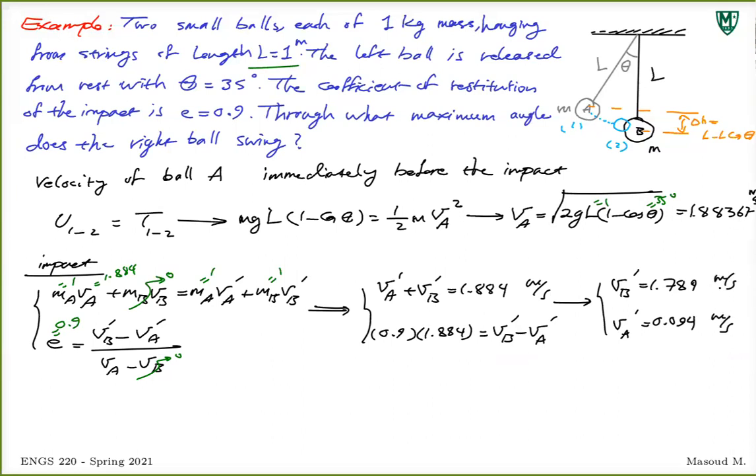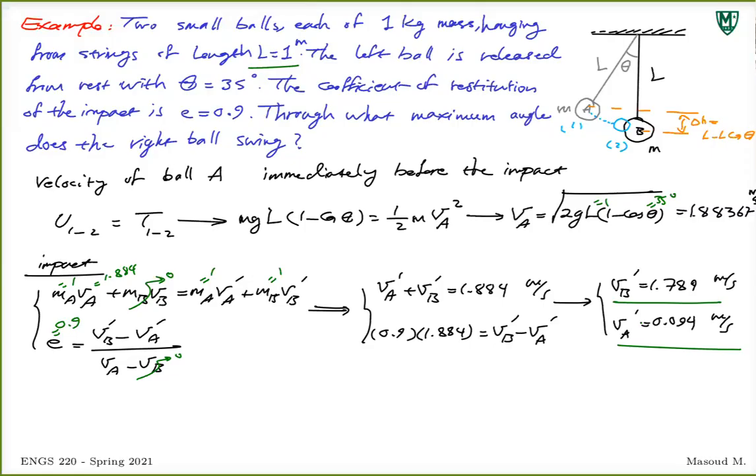So although they hit each other, A still continues going to the right. The impact is not in a way that pushes A back to the left. A continues because both of them are positive, right? Velocities after the impact. So ball B goes to the right, and ball A also follows ball B even after the impact.